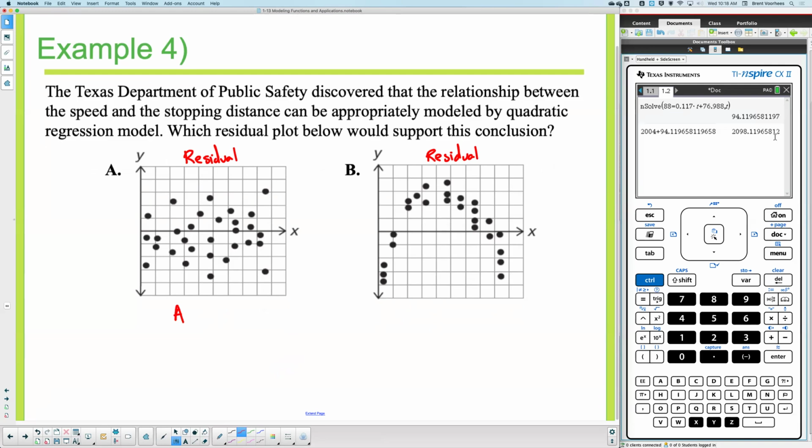A is appropriate. Why is A appropriate? They're random. B would be not appropriate. Why not appropriate? Single pattern. Not appropriate since there exists an obvious pattern.